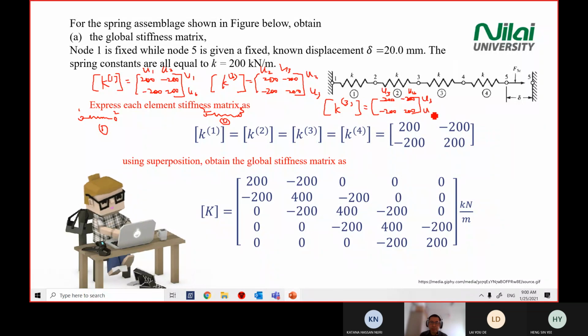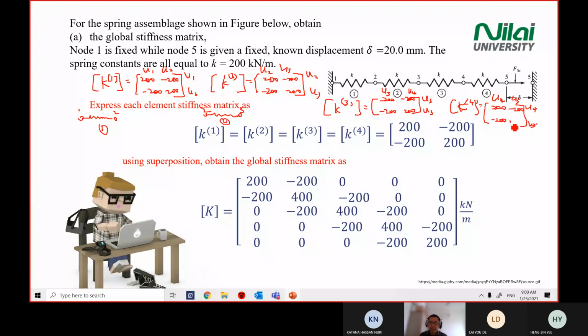So although all these 200s at the top left of each matrix are 200, each of the numbers represents a different node. Then I write another one, the fourth element. Same. Here, node 4, node 5, node 4, node 5. Although the number here is still the same, 200, -200, -200 and 200.